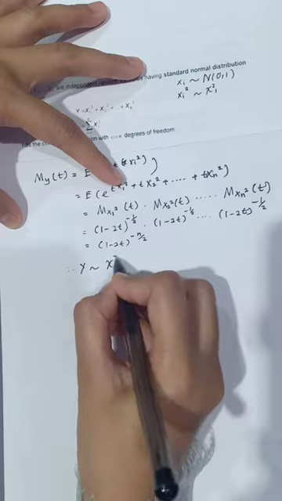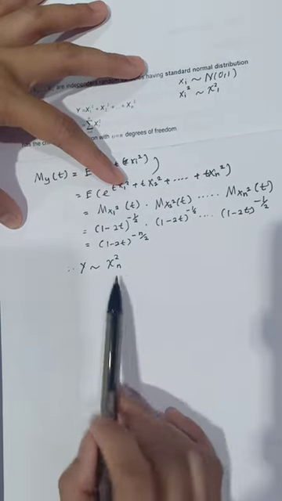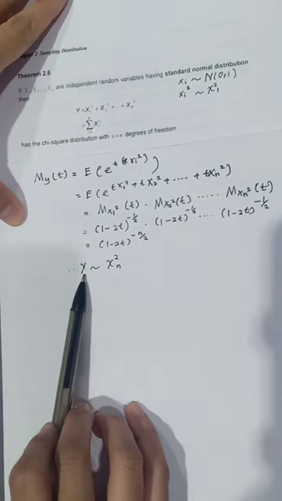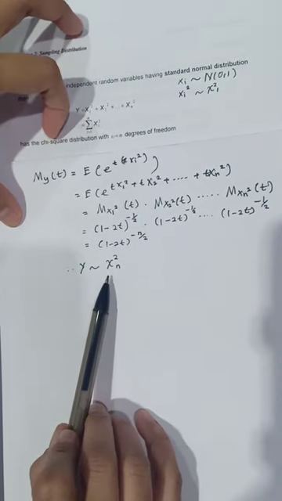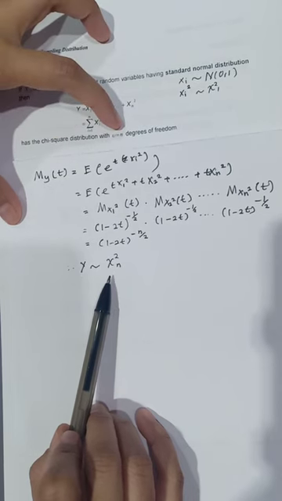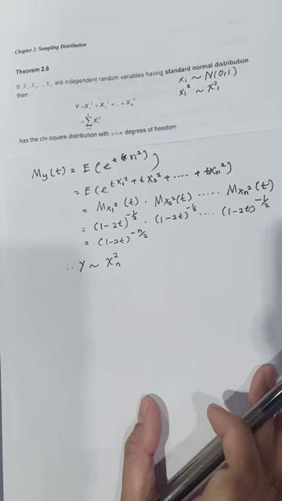It will be chi-square with parameter n. We proved that Y, which is the summation of Xi square, is chi-square with n degrees of freedom. That's how you prove this theorem.